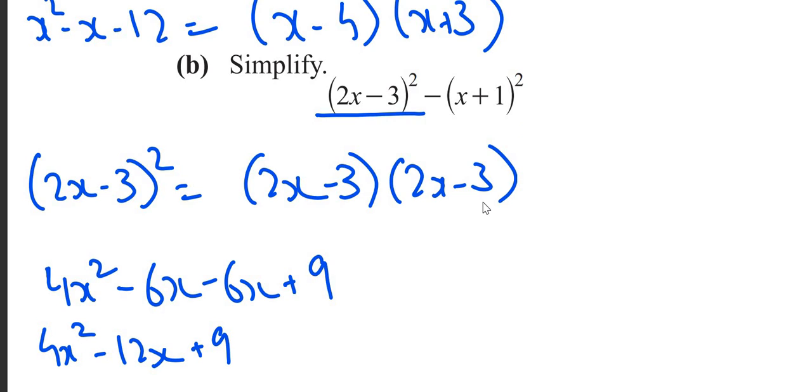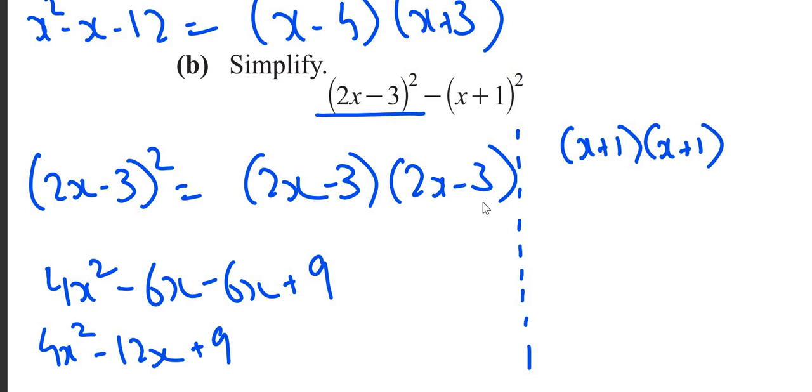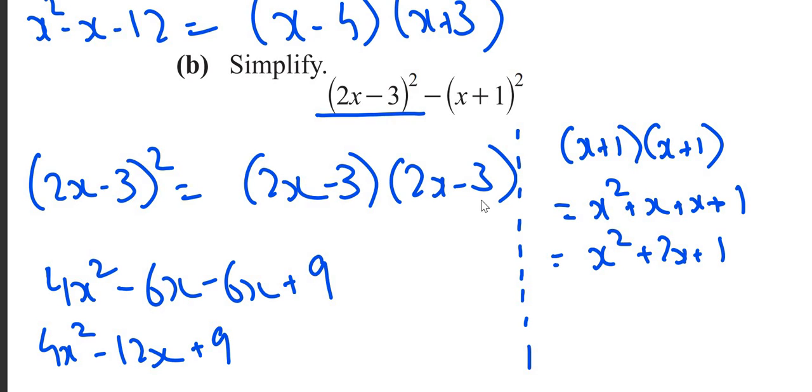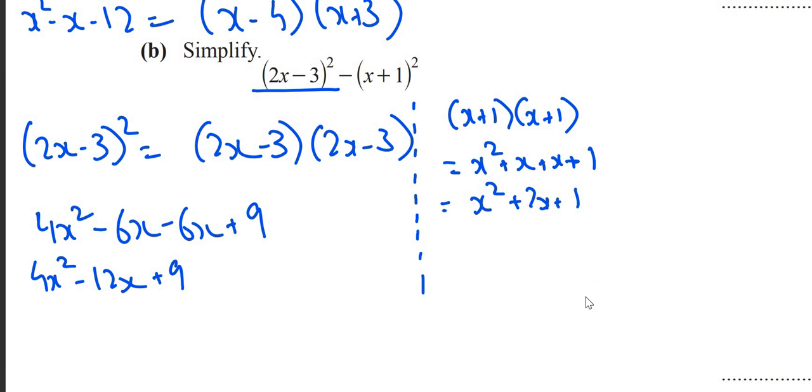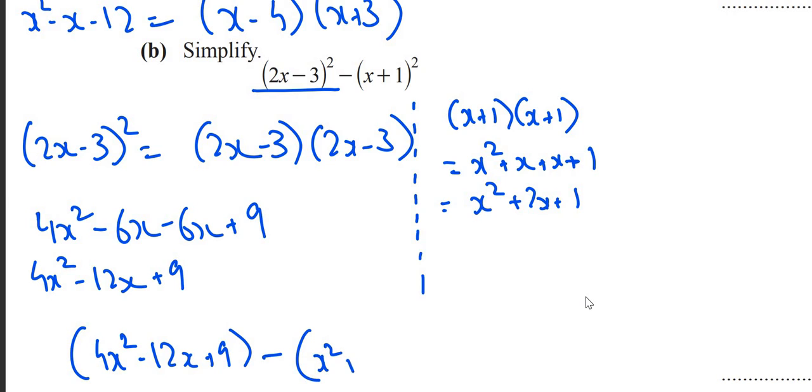Okay guys? And this one, (x + 1)² becomes (x + 1)(x + 1), which is x² + 2x + 1. So this becomes the bracket 4x² − 12x + 9 subtracted from x² + 2x + 1.